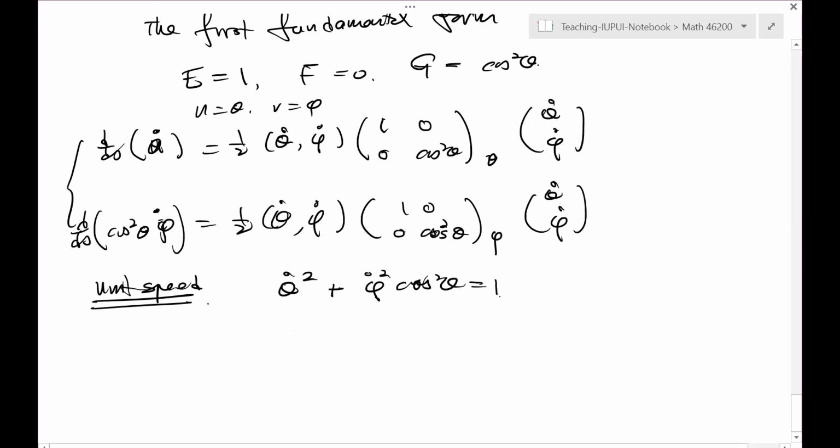Let's simplify the above equation a little bit.